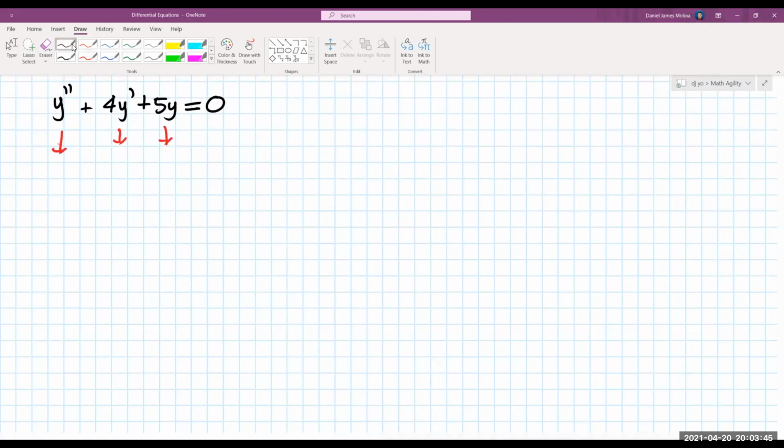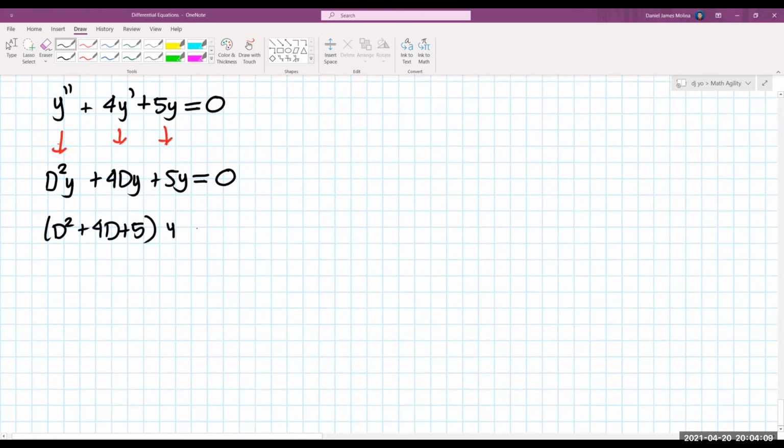Since y double prime is the second derivative, we'll rewrite it in differential operator form. So we have d squared y plus 4 dy, the first derivative of y, and 5y is equal to 0. We can factor out y, so we have d squared plus 4d plus 5 times y is equal to 0.